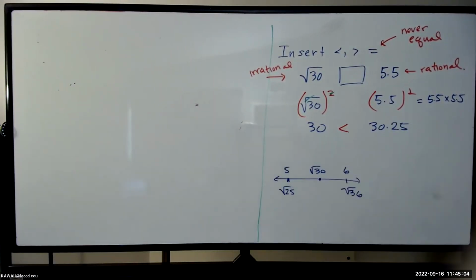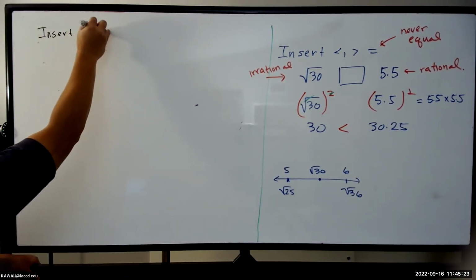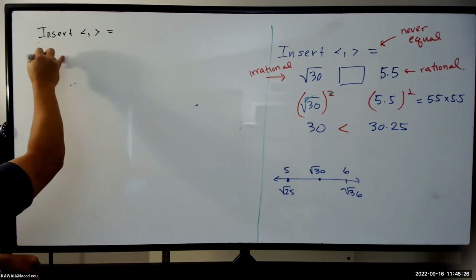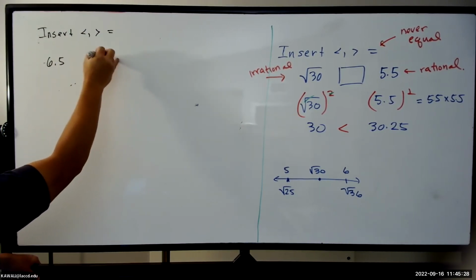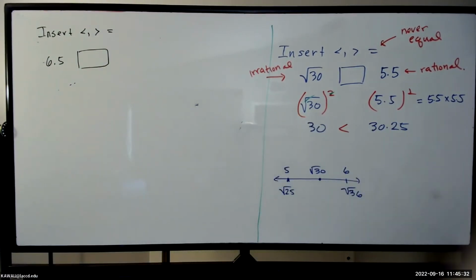So let's go 6.5, and then let's go square root of 42.